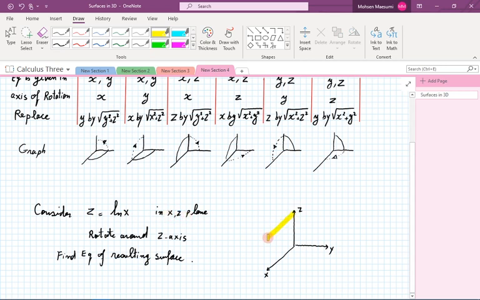Let's color it like this so that we know what plane we are looking at. So this is the yz plane. Excuse me, making the same mistake. The xz plane. In that plane, z is equal to the logarithm of x. So when x becomes a small number, z is going to become negative, so z is going to go down, and as x increases, z is going to increase gradually.